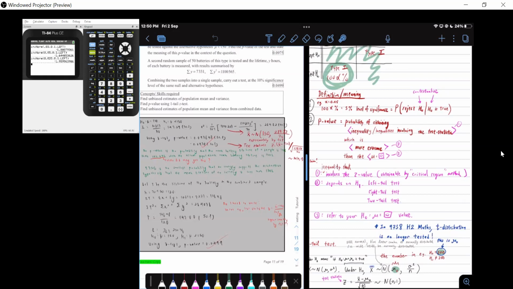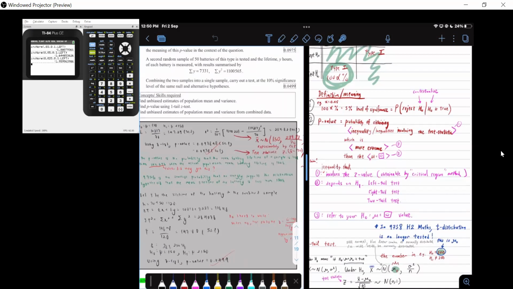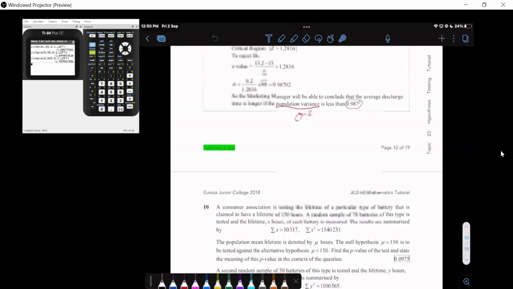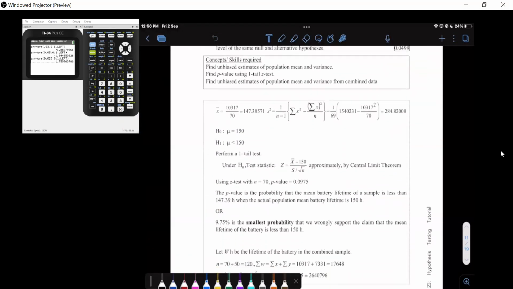They didn't mention when the actual population mean is 150. That phrasing is a bit funny.